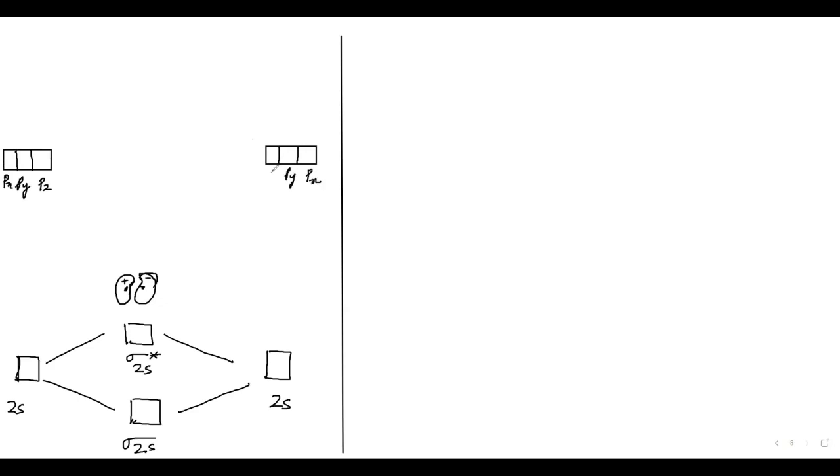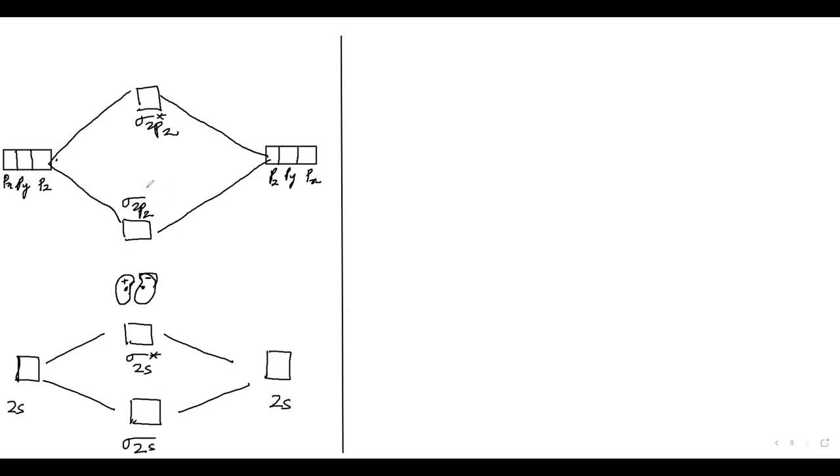So I can say this Pz will make, okay, a bit smaller, this will make what? Sigma. Yes or no? Sigma 2pz. Similarly, sigma star 2pz.